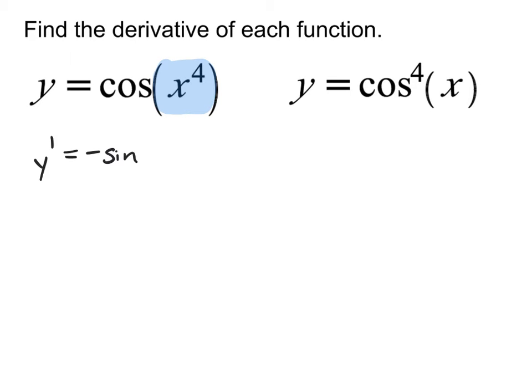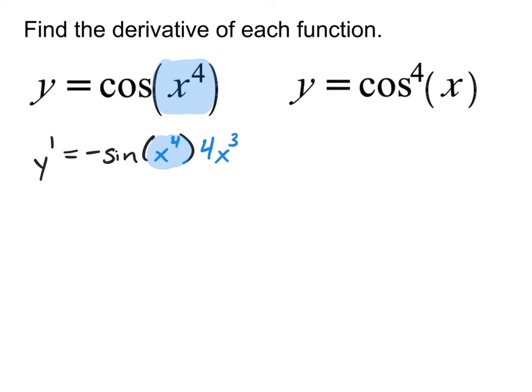Now, notice in this case, though, we're not doing the derivative of cosine of x. We're doing the derivative of cosine of x to the 4th. So that gives me negative sine of x to the 4th. So that part stays exactly the same on the inside of that. So the inner function stays right there. And then we now multiply that by the derivative of the inner function. So what's the derivative of x to the 4th?